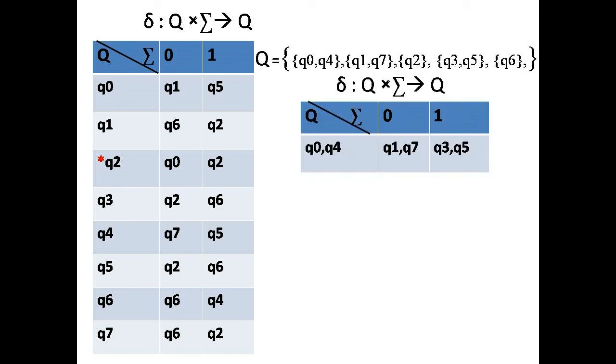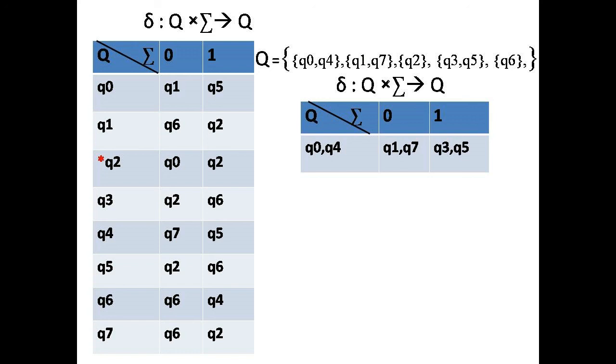Next step is we draw the transition table. Now the new states are Q = Q0, Q4, Q1, Q7, Q2, Q3, Q5 and Q6. The input symbols are 0 and 1. Now by using this, we can construct the new transition table of the minimized DFA.